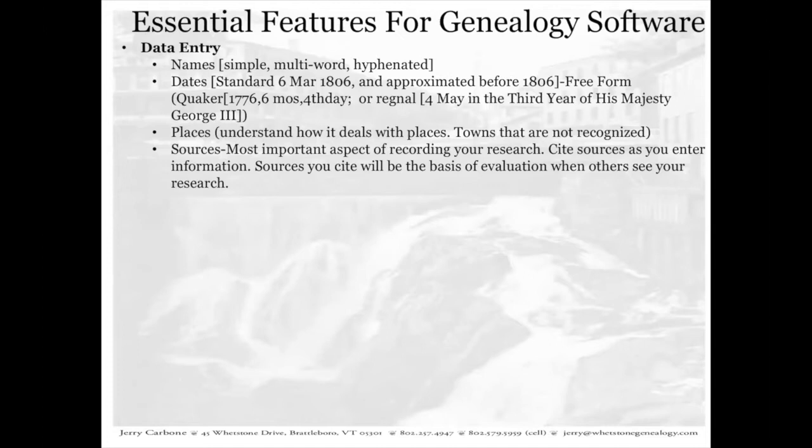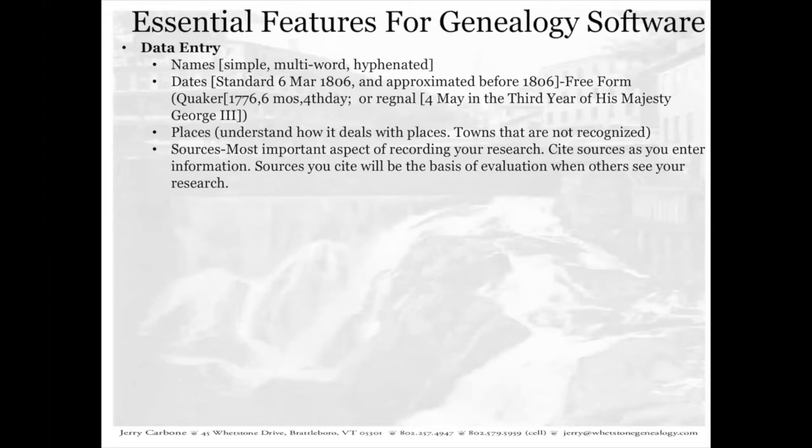Places, the software needs to understand how places are entered. Many of the programs will standardize the places and tell you where the county is in the state. And they should also let you use your own place name instead of what's there when towns aren't recognized.